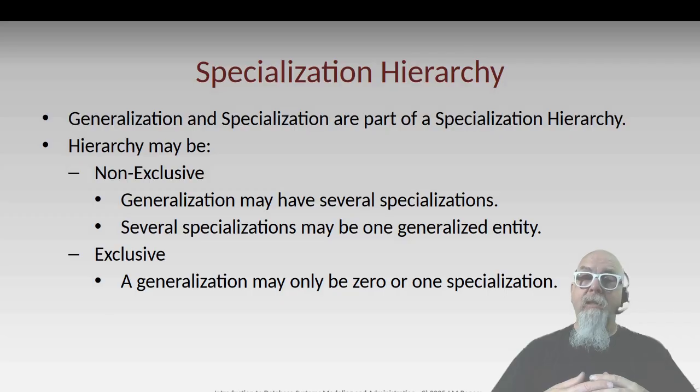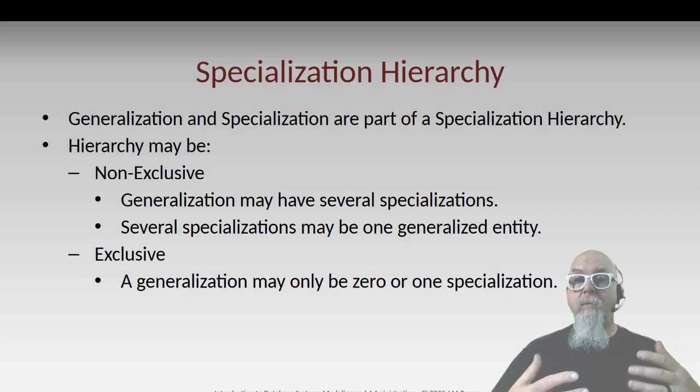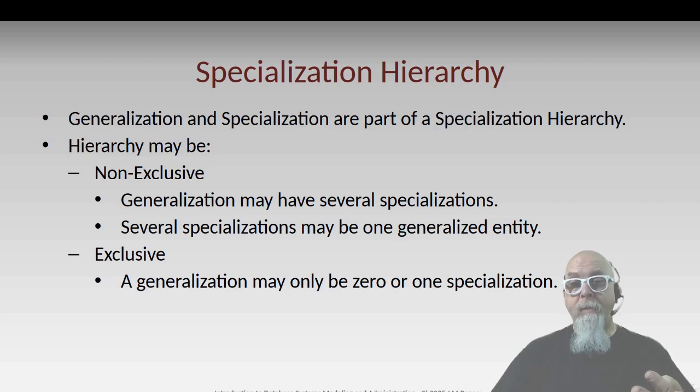Hierarchies can be non-exclusive, so a generalization may have many specializations, and several specializations may be only one generalized entity, or exclusive, where the generalization may be only one specialization. Might be a little confusing, but let's think about it. A vehicle can't be a car and a truck and a motorcycle at the same time. It's got to be one or the other.